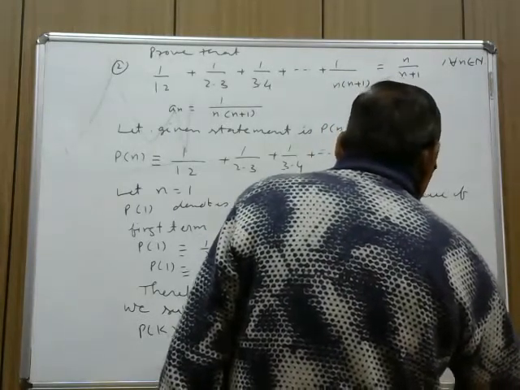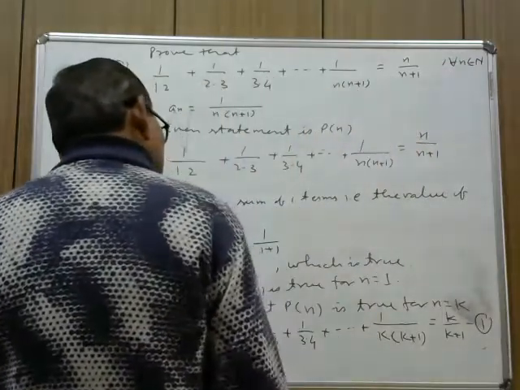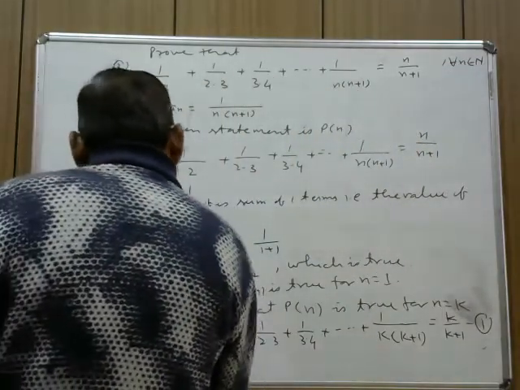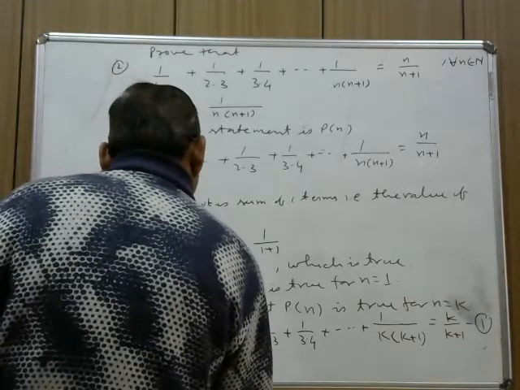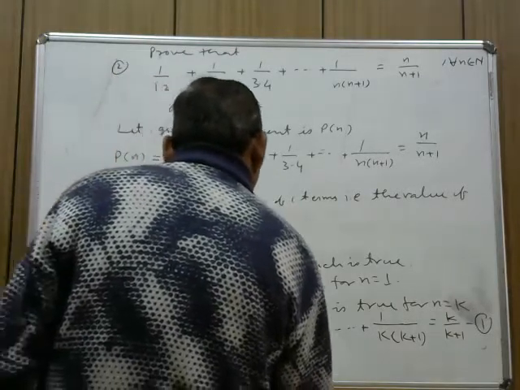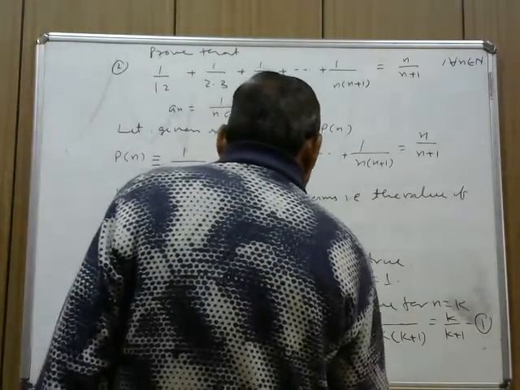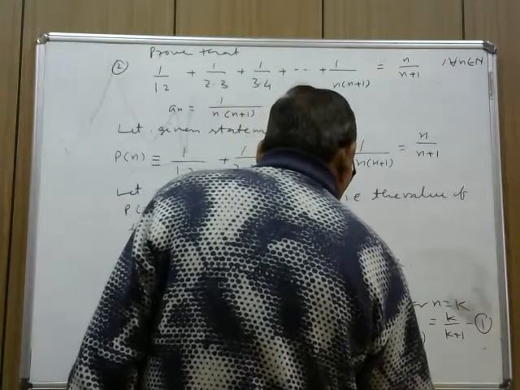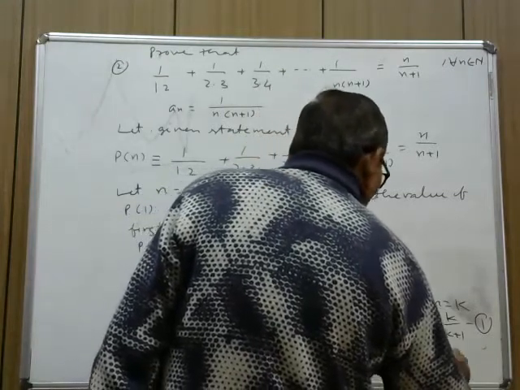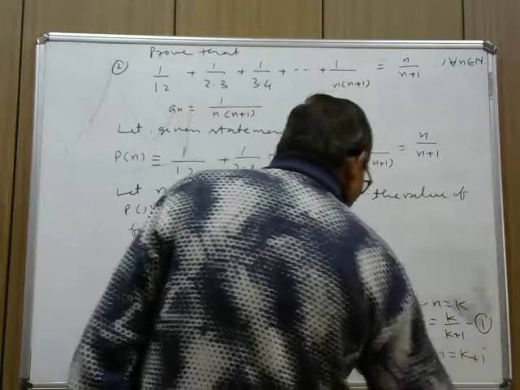This is 1. We will prove that Pn is true for n equals to k plus 1.